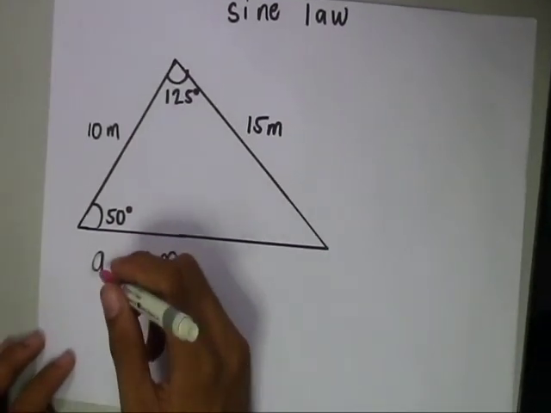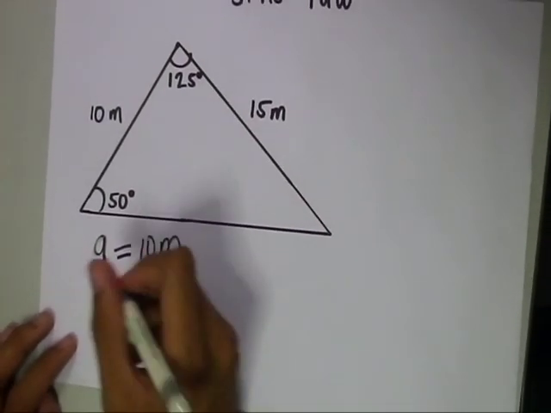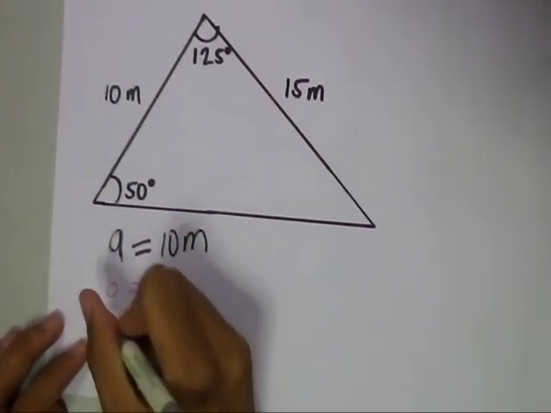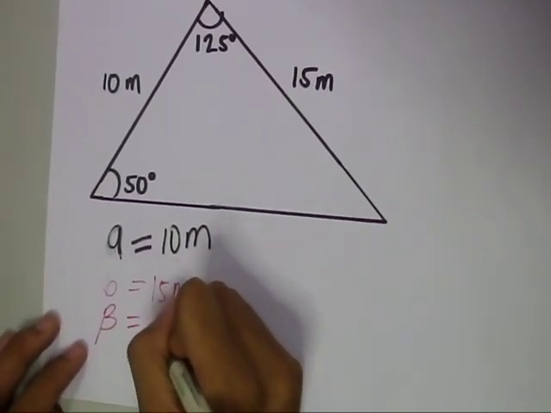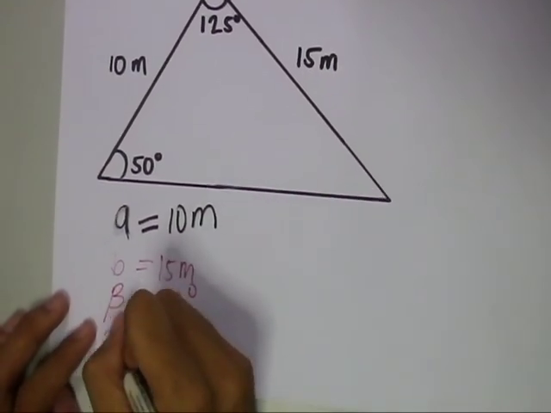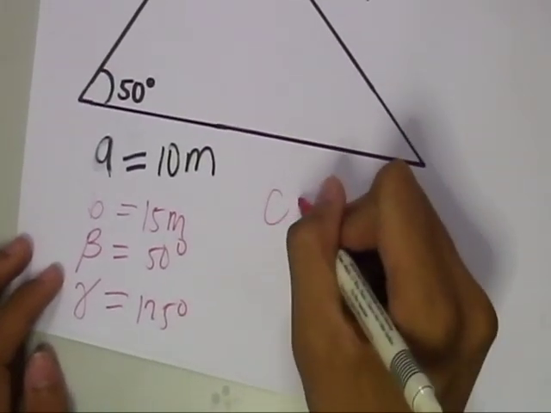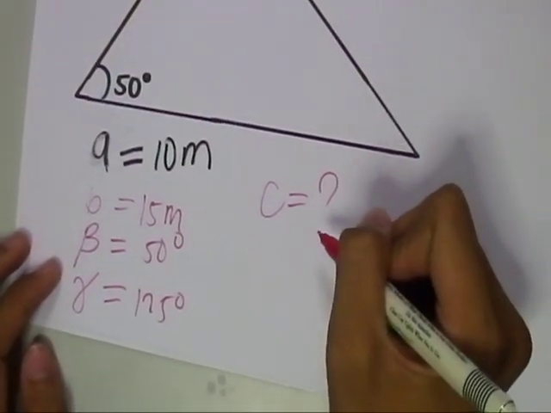This is the problem. Side A is given, which is 10 meters. Side B is given, which is 15 meters. Beta is given, which is 50 degrees. Gamma is given, which is 125 degrees. So, how do you find C?